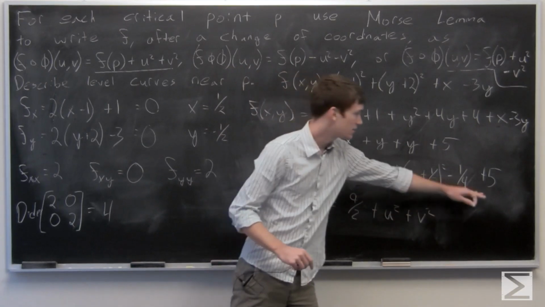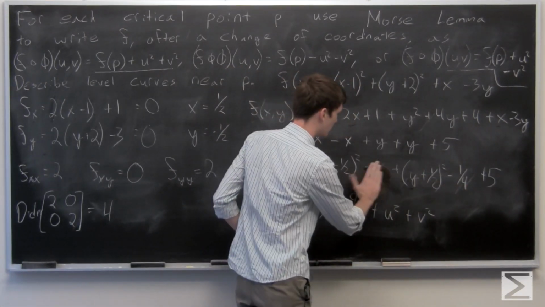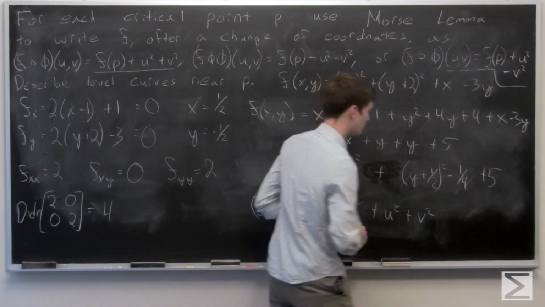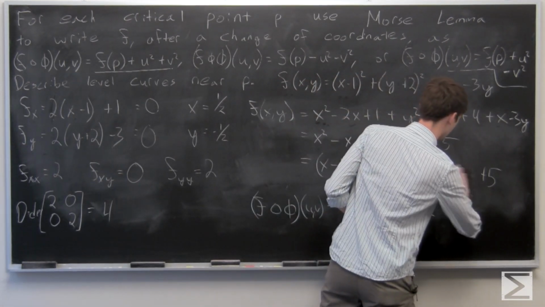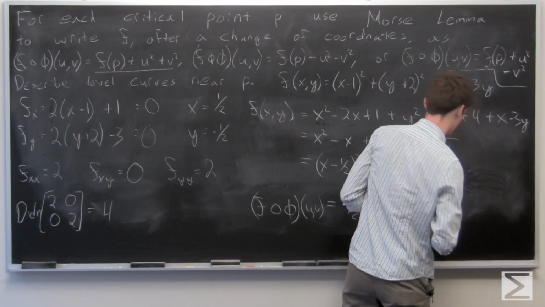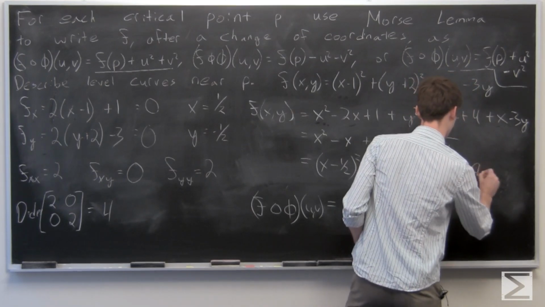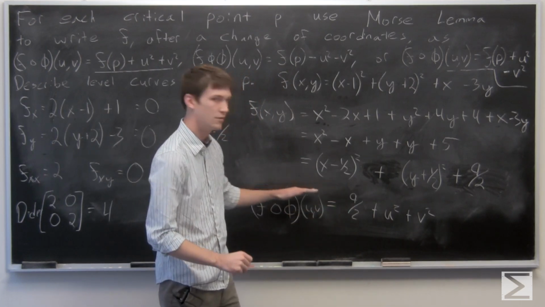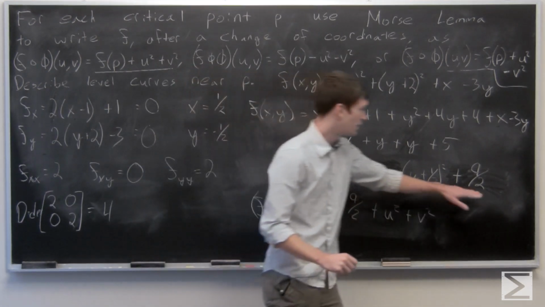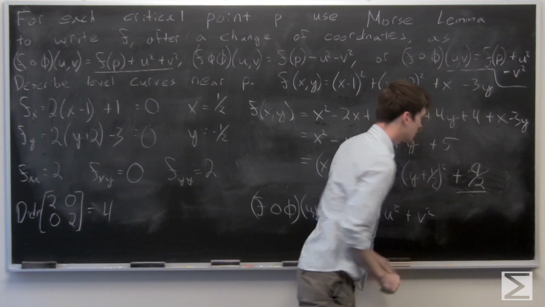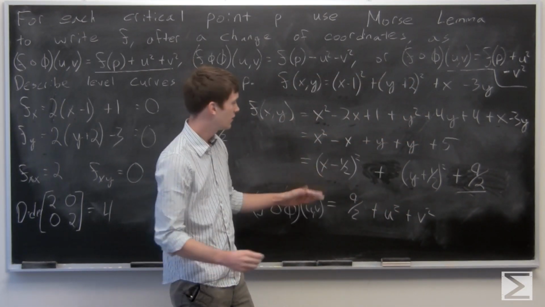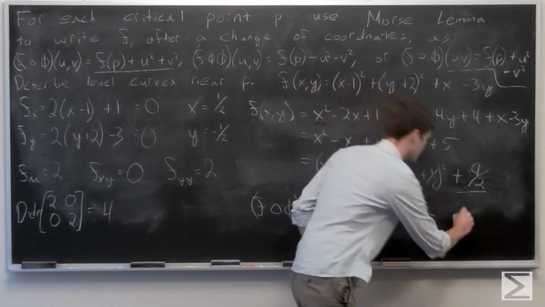We can combine these constant terms, and we see that we get a nice function in terms of our f of p, which is 9/2. And then x minus 1/2 we'll let be u.